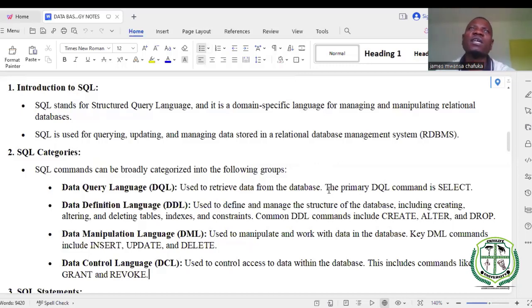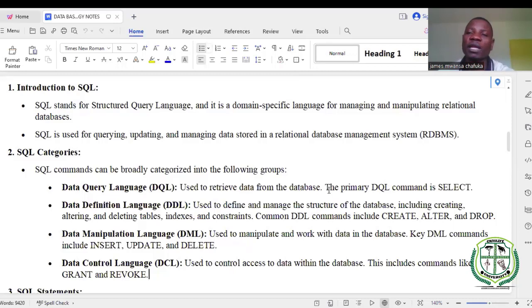So the moment you prompt the command select, it means that you want to retrieve data from the database. That is the use of data query language. That's how it operates.